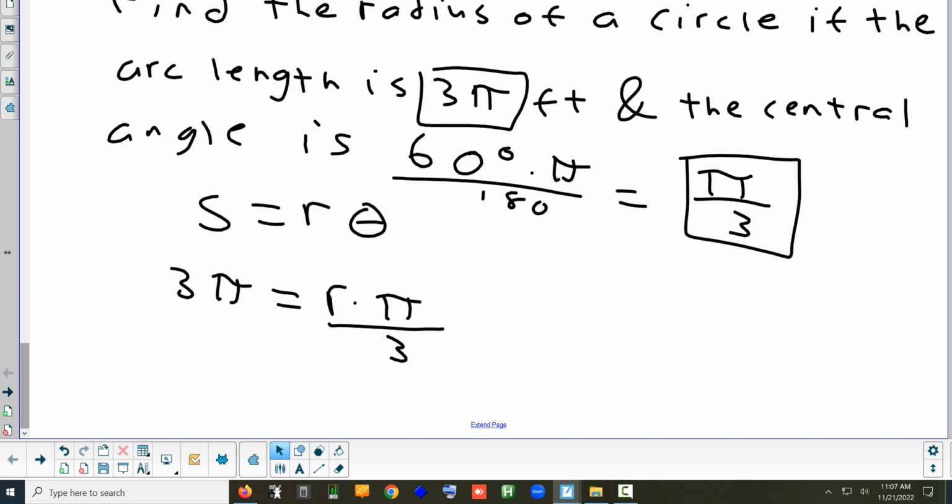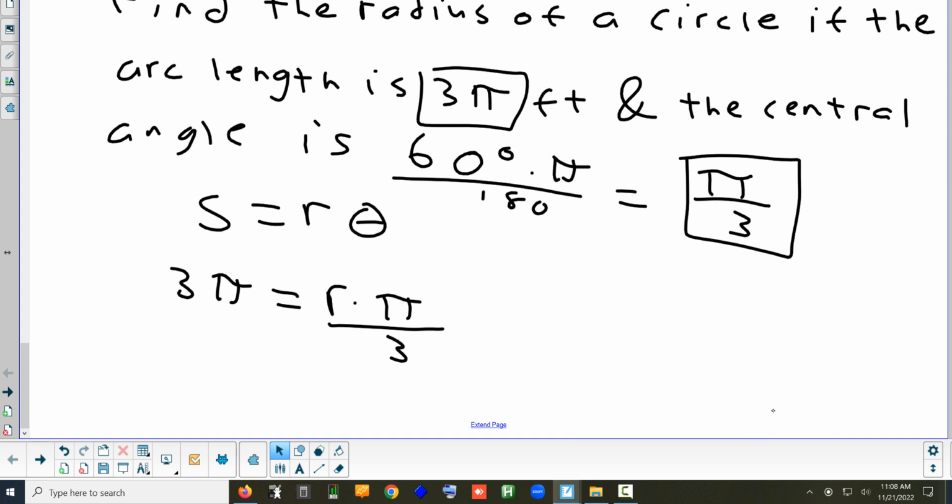How are we going to move the pi over 3? We can move both of the top and the bottom to the other side at the same time. How would we do that? Yep. Divide each side by pi over 3, which is the same as multiplying by 3 over pi.